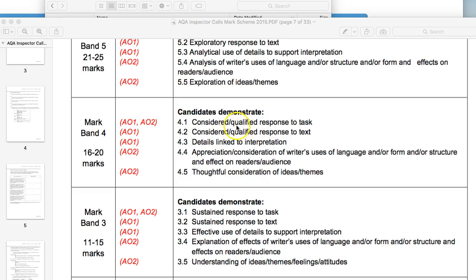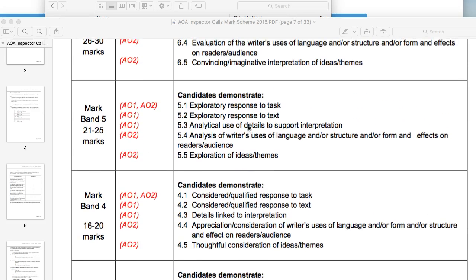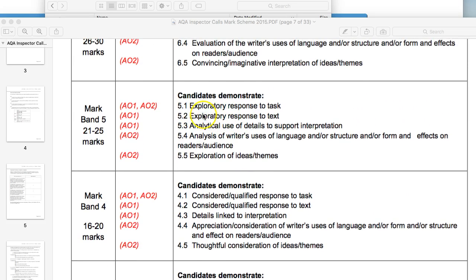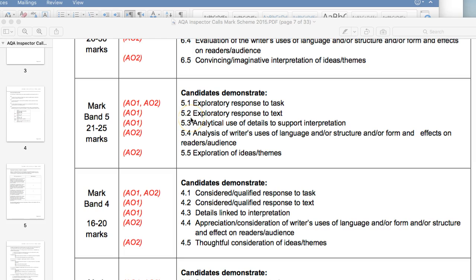We're deciding now whether it's qualified or whether it's exploratory. So with the exploratory, do you consider more than one point of view? Yes, probably we could argue that when you start to consider the choice of her names as Eva and Daisy, you are being exploratory and you are starting to be analytical about details.